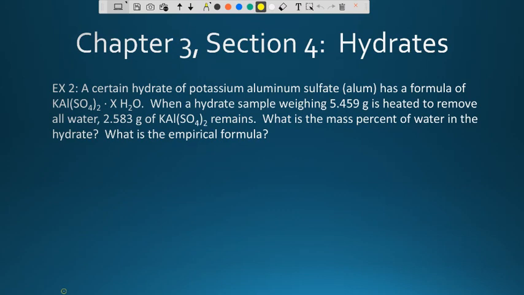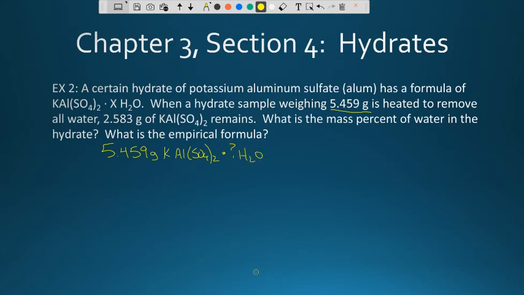So notice in this problem, we started out with 5.459 grams. Okay, so the entire compound, this contained water in there, and so we have 5.459 grams of the potassium aluminum sulfate with a certain amount of water in it.